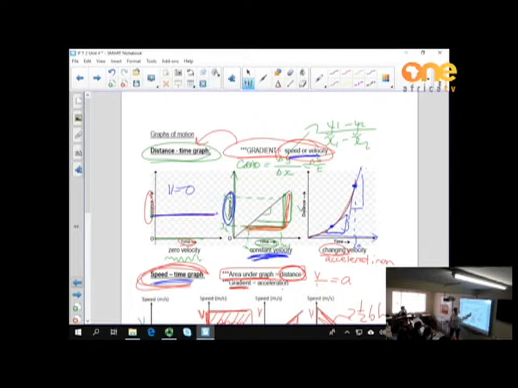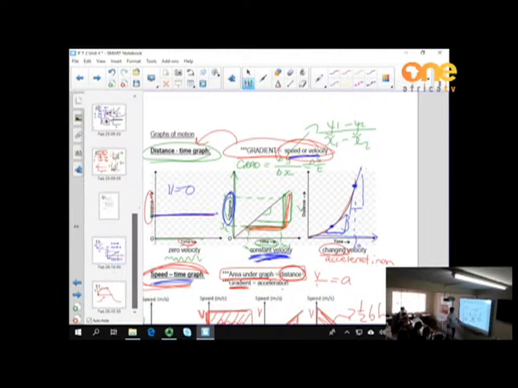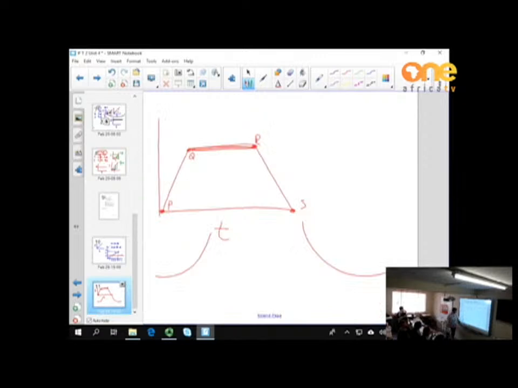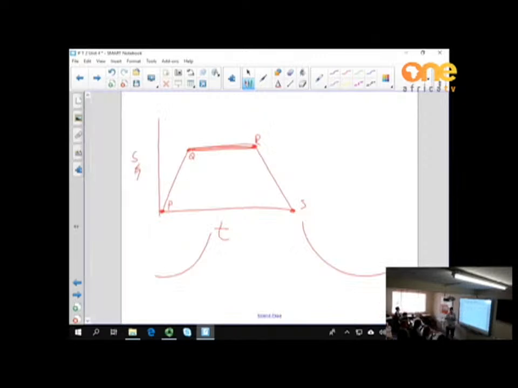If it's got a steeper gradient, it's going faster. If it's got a shallower gradient, it's going slower. But it's constant velocity. Okay. Now, where was I last? All right. Then you had to do the check your progress part. Is that right? Yes.